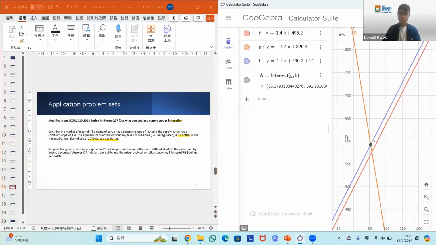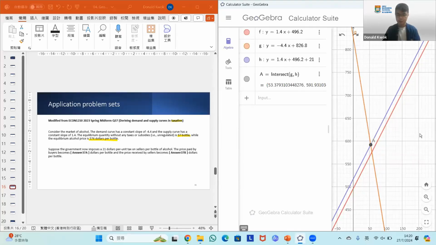How about from the sellers' perspective? Because there is a per unit tax of $21, it does not make sense for the price received by sellers to be higher than the original level. We should expect the price received by sellers to be lower than 576, because the $591.93 that buyers pay includes the tax required by the government.